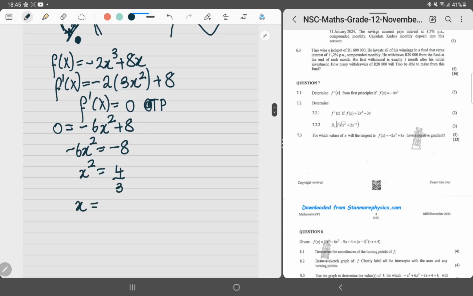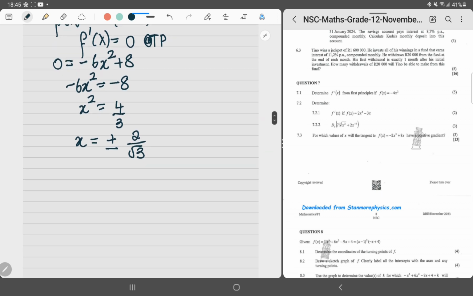So x should be equal to plus or minus 2 over square root of 3. So our function looks like that, where this side is negative 2 over square root 3, and this side is 2 over square root 3.